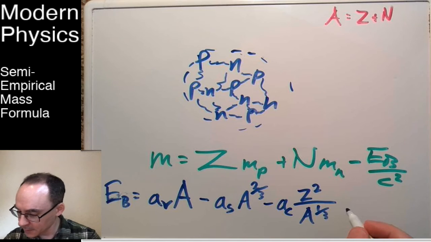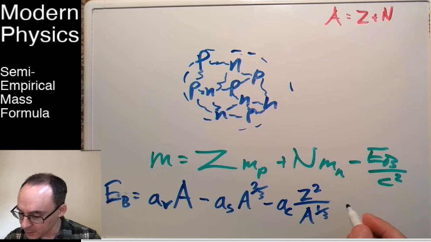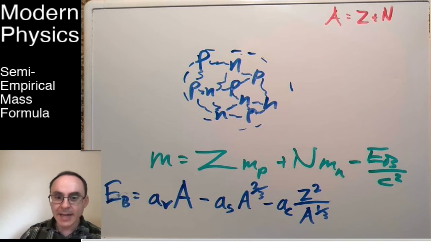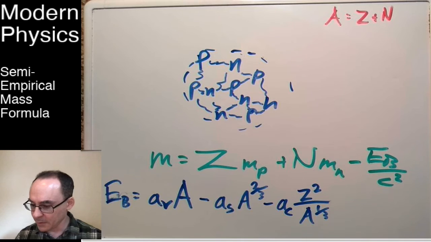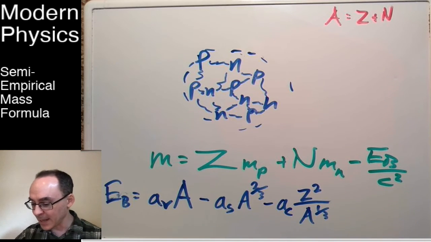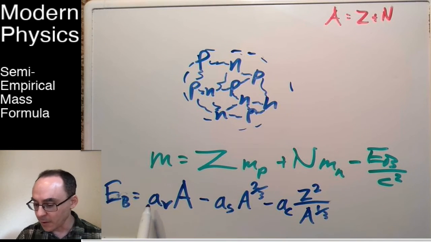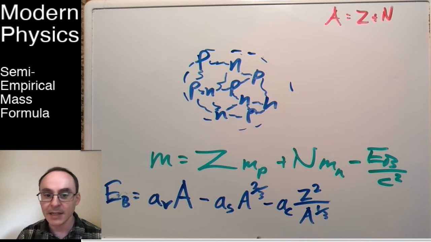Two terms left. The remaining 2 terms are actually quantum corrections. Nothing we've done so far is really quantum mechanics at all. We've used this liquid drop model: the number of bonds gives the volume term, then there's a surface correction, and then we have the electromagnetic term.